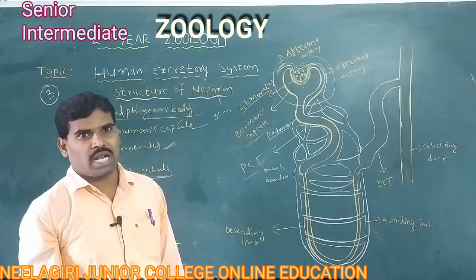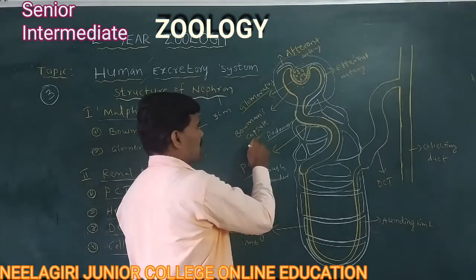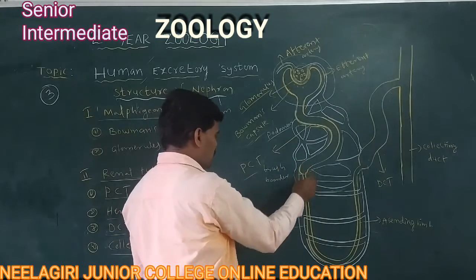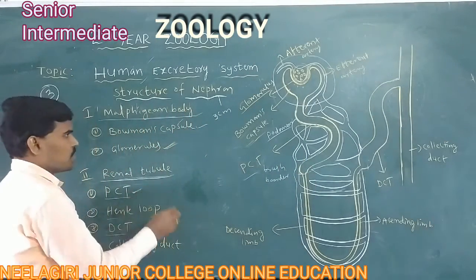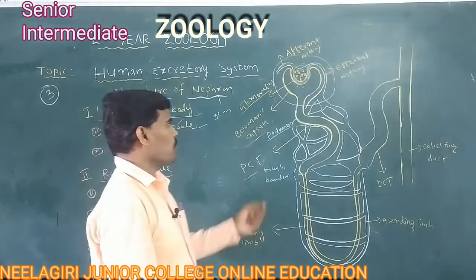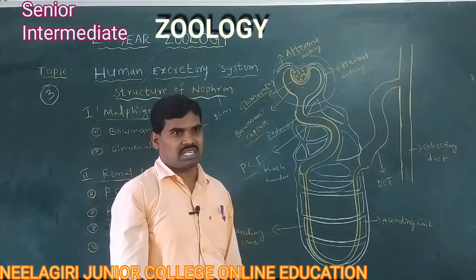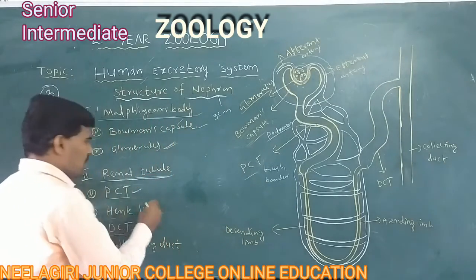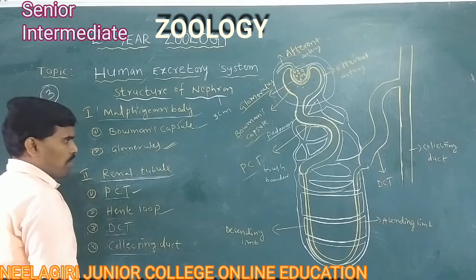The proximal convoluted tubule lies behind the Bowman's capsule and goes up to the loop of Henle. Inside it is lined by podomer cells with brush border-like structures. And next, the loop of Henle.